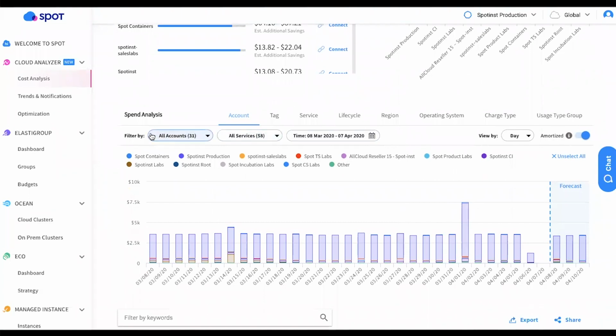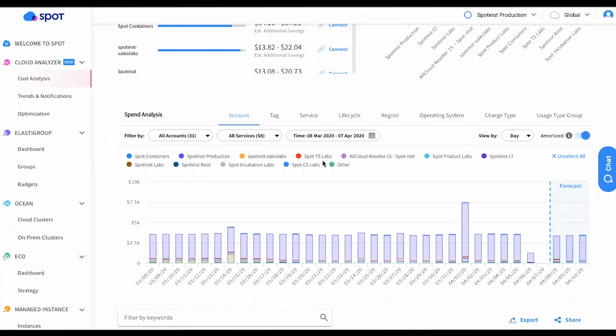Right below that, you can filter either by all accounts or by the various cloud services, and of course, by the time frame. And below that, we have just a legend, which allows you to be even more fine-tuned in exactly what you're looking at in the report.